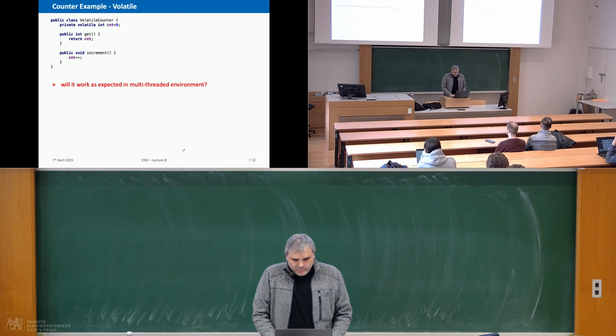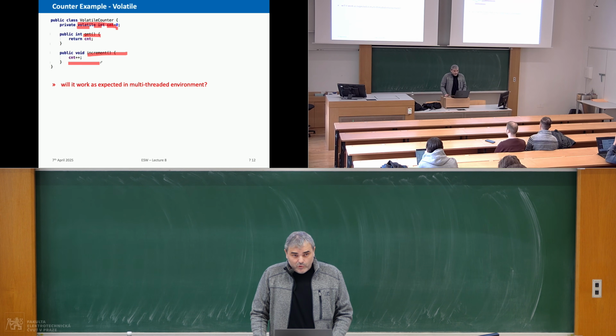So let's progress to the next slide. Here we have another example, a volatile counter, which has a counter primitive integer, initially 0, defined as volatile. We have a getter that simply gets the counter value, and an increment method, which uses the counter plus plus operation. And here is my next question.